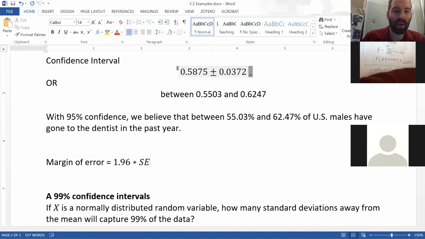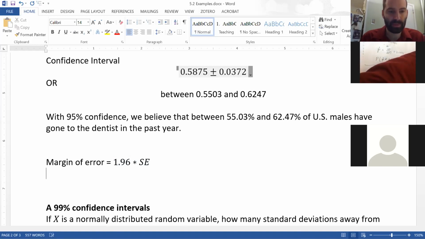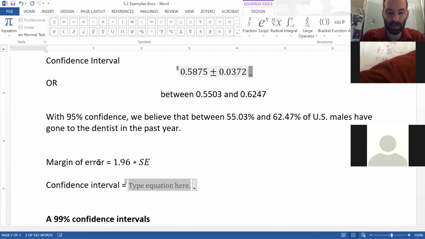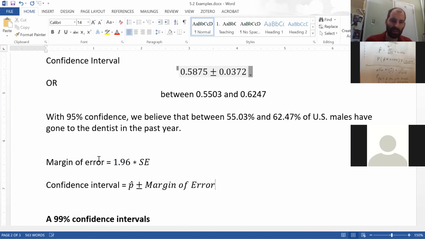So another way to write down the confidence interval formula is just to say that it's equal to p hat plus or minus the margin of error. Plus or minus, that's how much we think we might be off by. So it makes sense that that's the error.